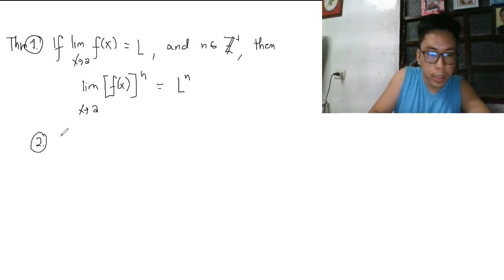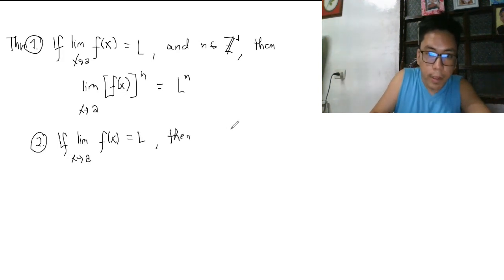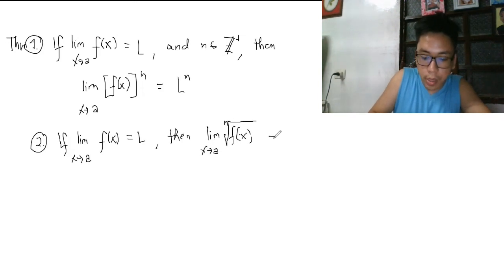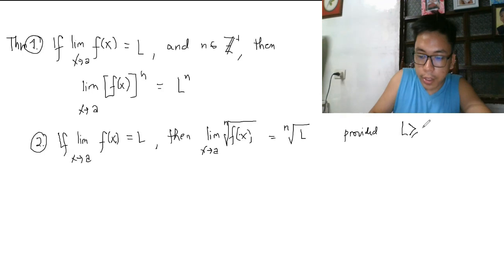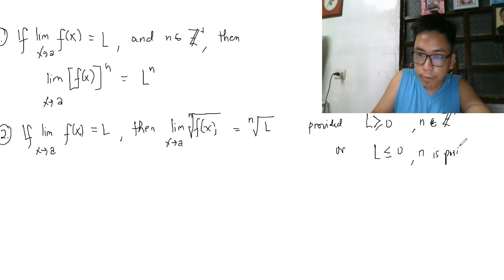Theorem 2 is, if the limit of f of x as x approaches a is L, then the limit of the nth root of f of x as x approaches a is equal to the nth root of L. This, however, has a condition, provided L is greater than or equal to 0 and n is a positive integer, or L is less than or equal to 0 and n is a positive odd integer.